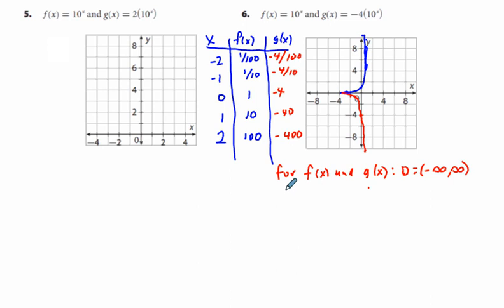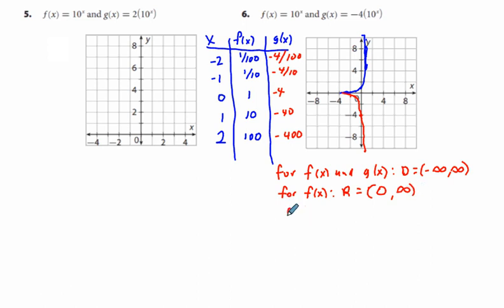Our domain for f of x, domain is equal to all real numbers. Range equals greater than 0, less than 3.